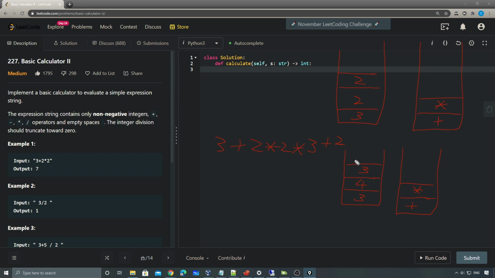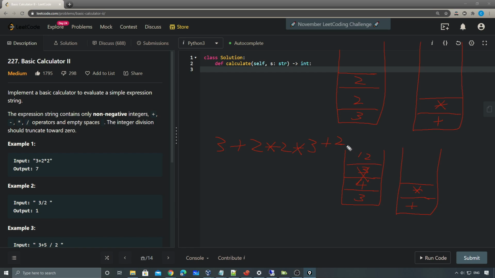So what do we have? Since this plus is not greater than the top one, it's equal or smaller, we pop these two out. It's going to be 12, because 3 times 4 is 12. So now we have 12 here.